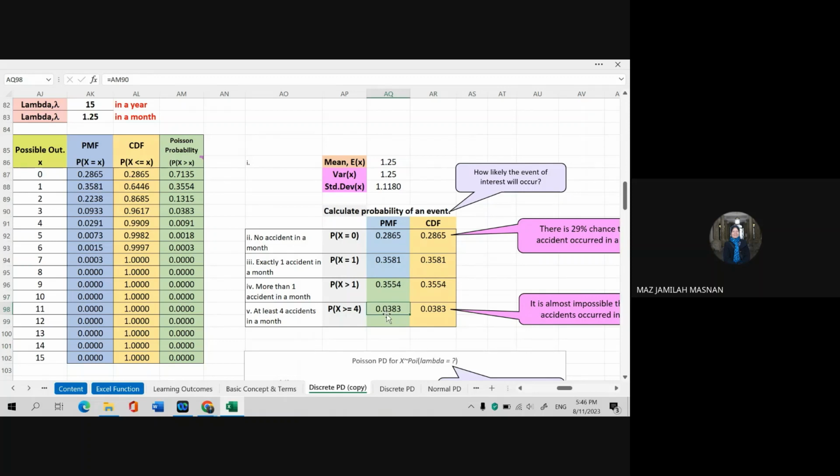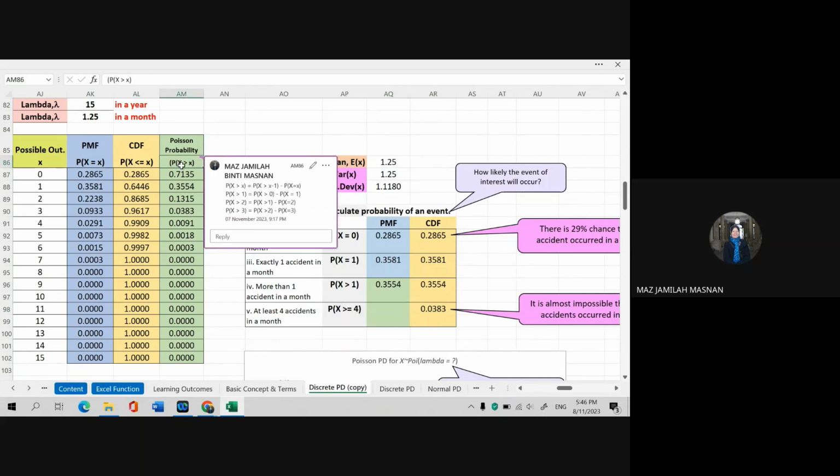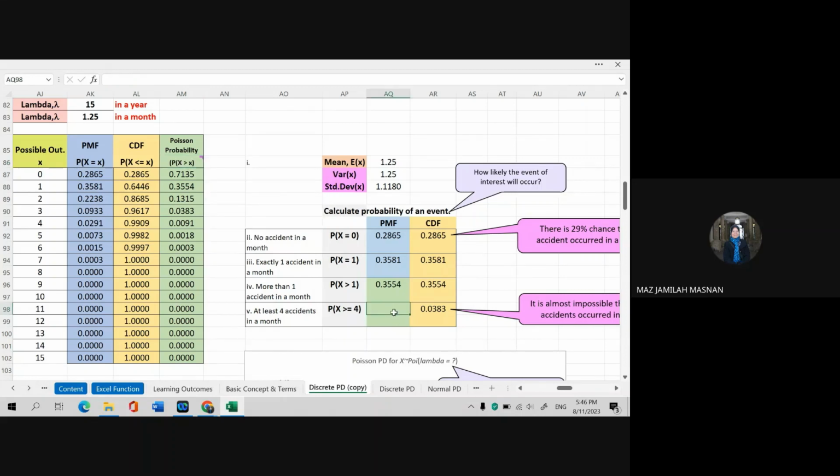So for number 3, if you are using the third column, since the third column is referring to greater than x, if I'm looking for greater than or equal to 4, it is simply equal to P(X) greater than 3. So just find the location of greater than 3.